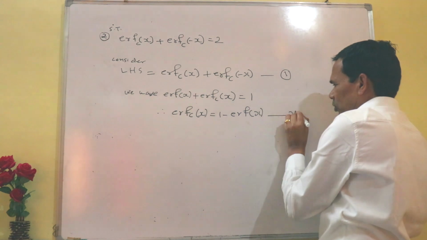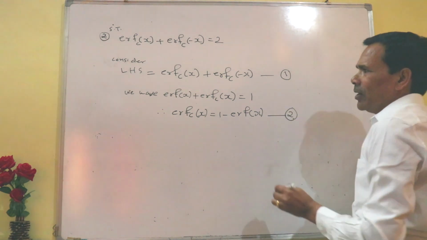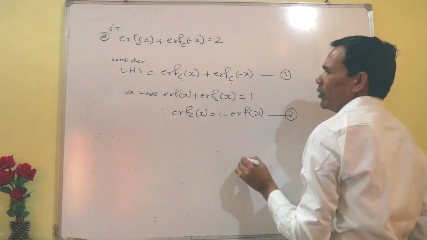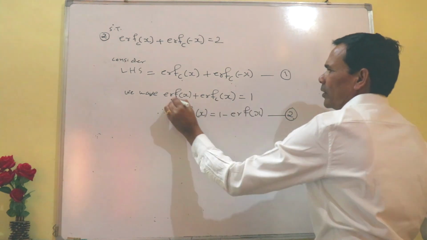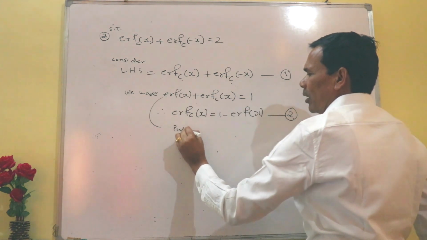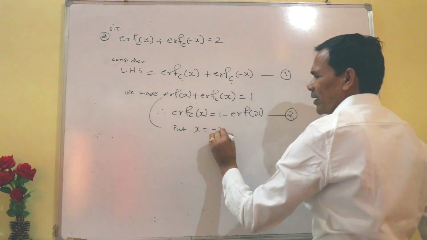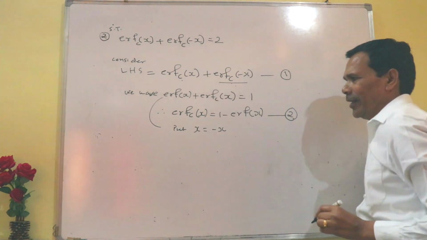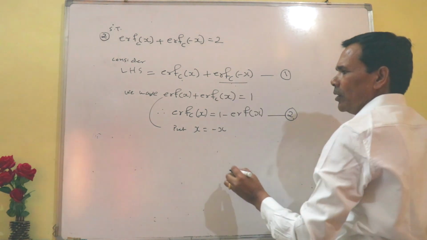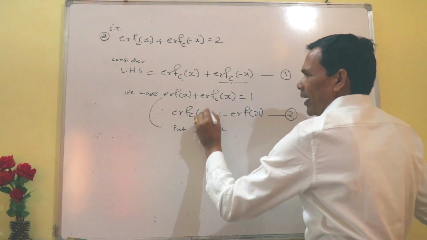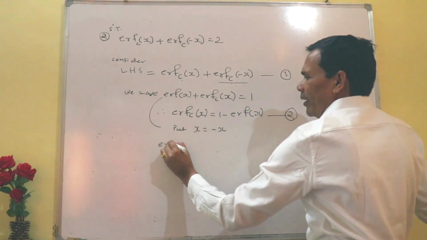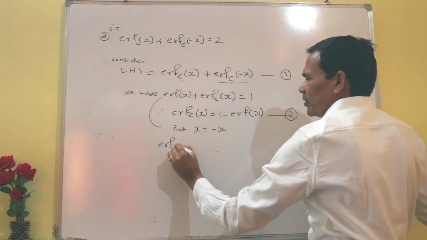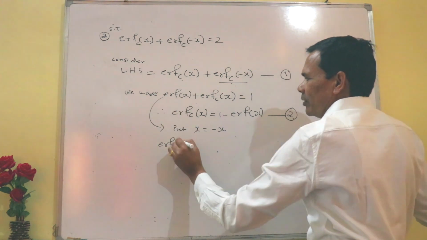I call this 2. Now similarly I would like to get the expression for the other term. So I put x equal to minus x, replacing x by minus x in this expression.